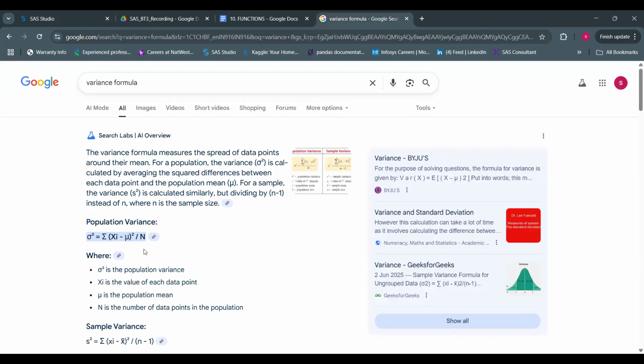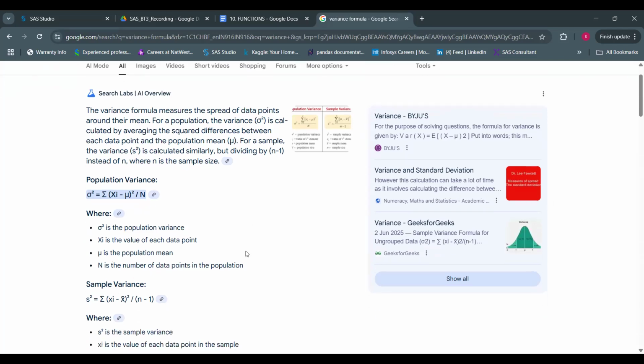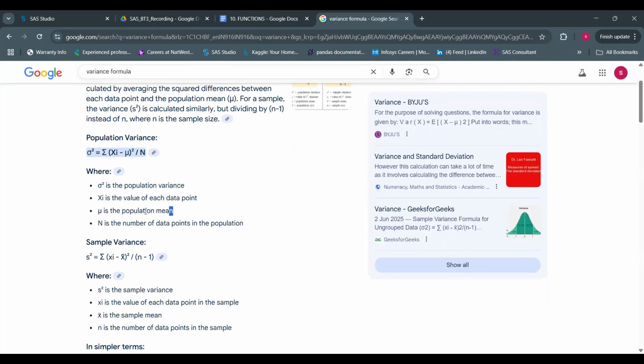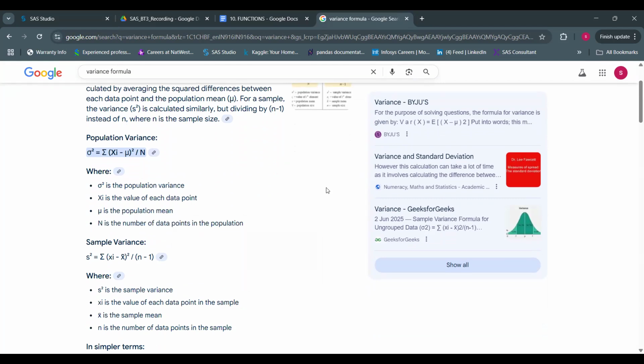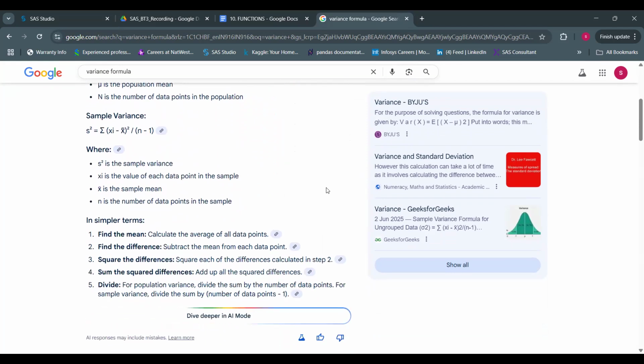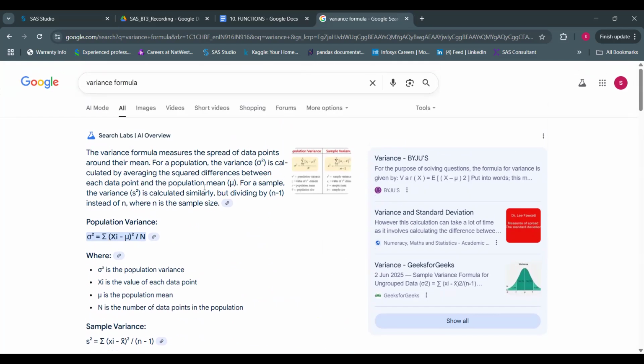The variance formula: sigma square is equal to the sum of xi minus mu, whole square, divided by n. Mu is the population mean, and n is the number of data points in the population. In simple terms, just remember the variance measures the spread of data points around the mean.